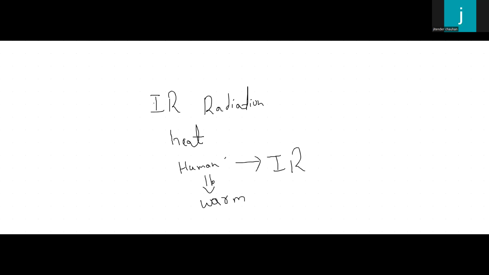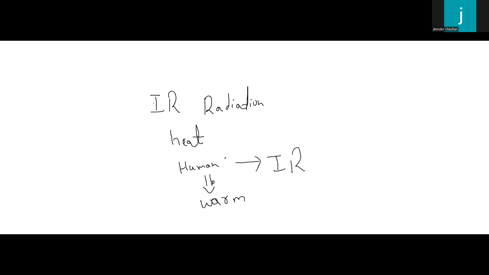It can be emitted by any object that has heat, and it connects with the human body as well, because humans also radiate or emit IR radiation, because human bodies and animal bodies are warm. Animals also emit IR radiation because they are warm.